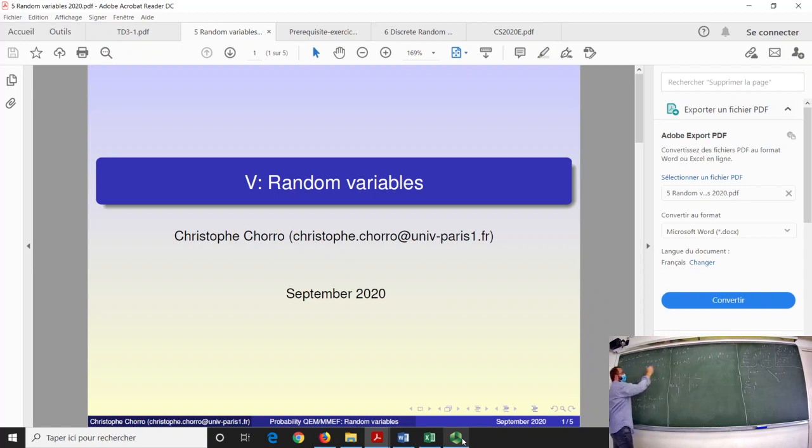So q is between 0 and 1. So what happens for q to the power n when q is between 0 and 1? It goes to 0. And this one goes to 1 over 1 minus q, that is equal to 1 over p. So this sum is equal to this one, that's why I have this one.